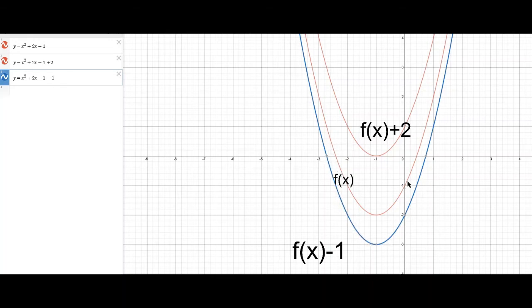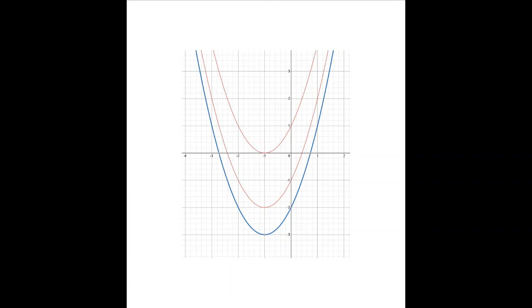So every single coordinate of the middle graph, the f of x graph, has been shifted down by 1. So the middle graph you can see is our original f of x. Remember that coordinate there? That one is -1 and -2.